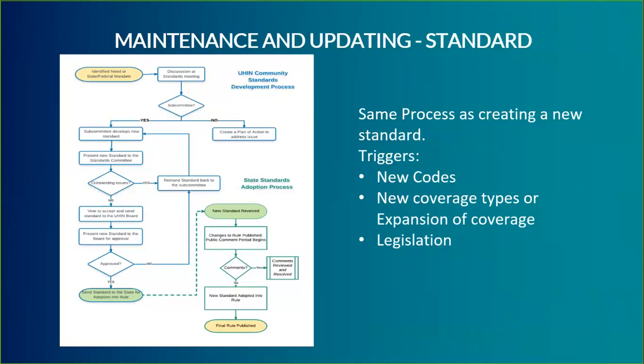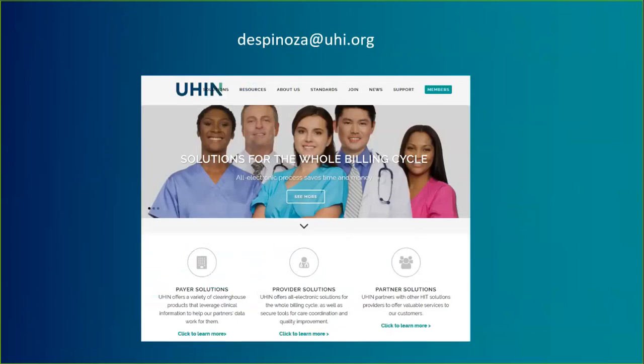Okay, so I'm coming to the very end. If you want to see standards, you can go out to the UHIN standards page. We've had some updates, so I do have to say a disclaimer in that some of our standard links are broken. They're not working quite the way. I've got to do a thorough investigation. Haven't had a chance, but I've been notified, so we will be doing that.